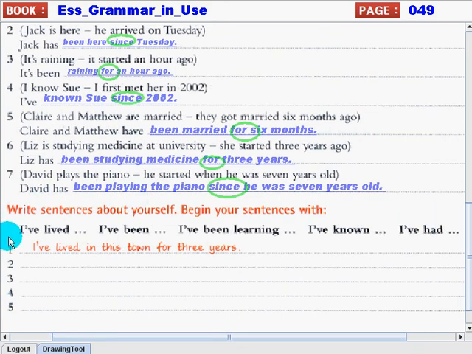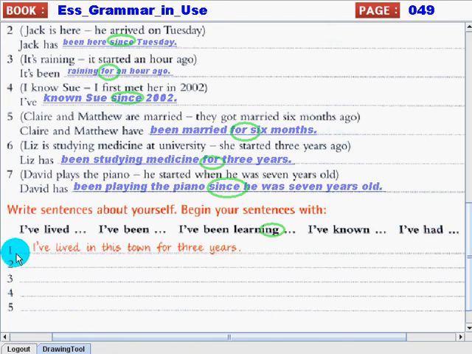If you notice, I've lived and I've been are in present perfect form. I've been learning is in the present perfect continuous because of the ing added to your verb. I've known and I've had are in present perfect forms too.